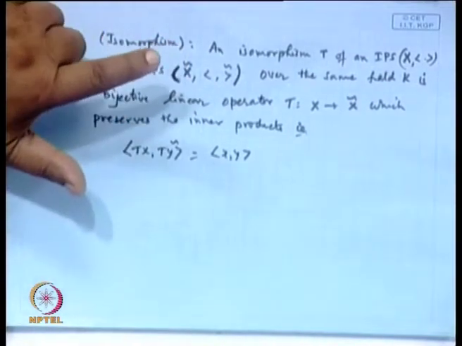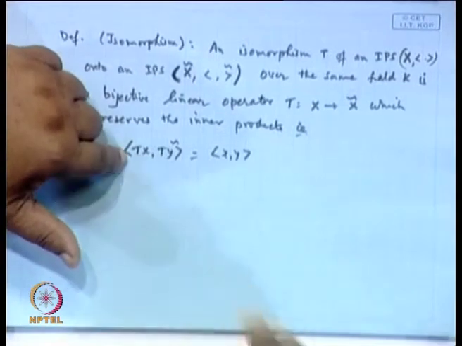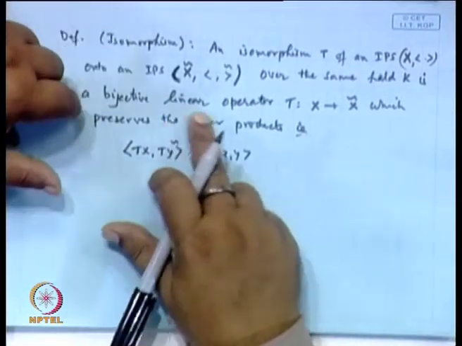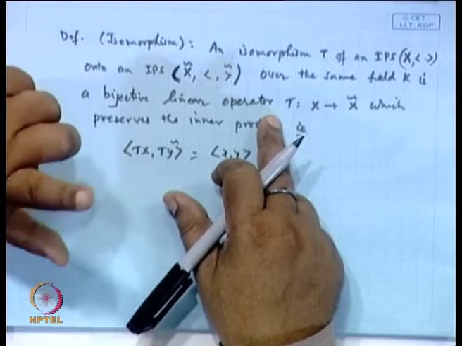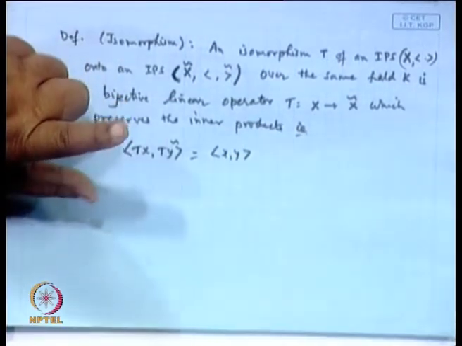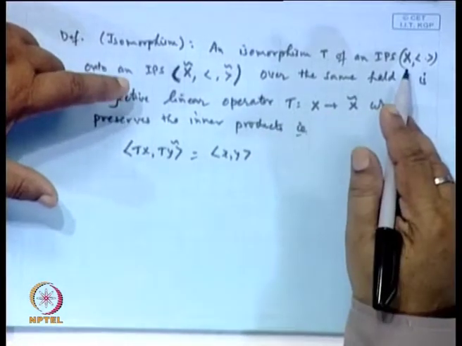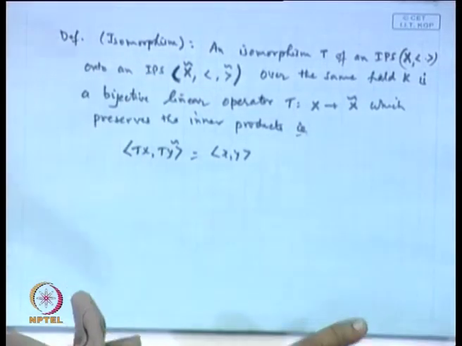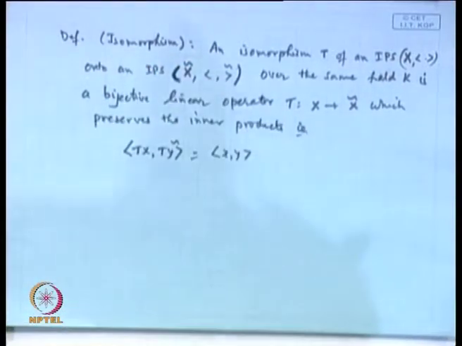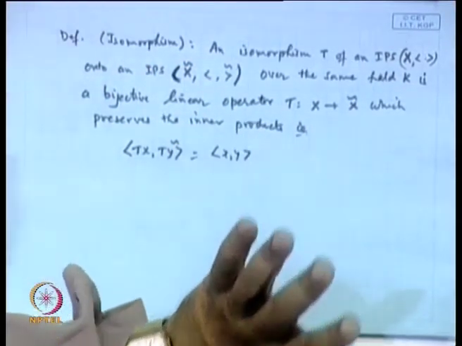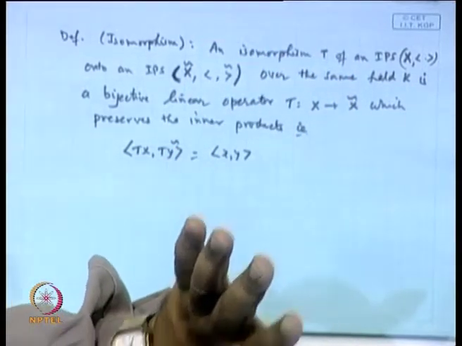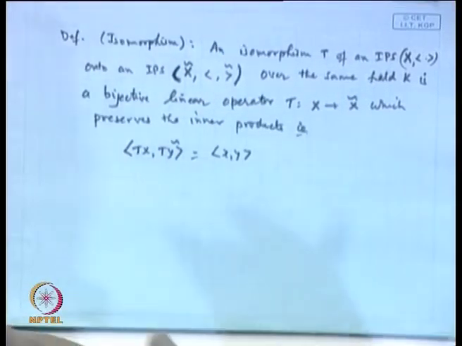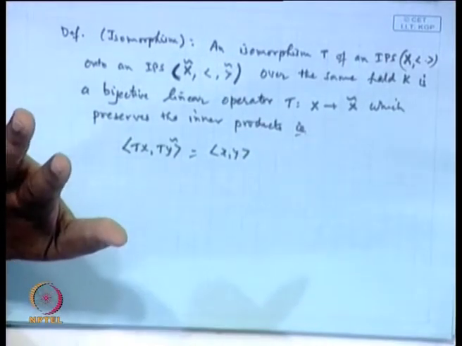Because T is a bijective linear operator, it means that addition and scalar multiplication defined on capital X are also preserved under T. So, basically the T, which is an isomorphism from one inner product space to another, preserves all the algebraic structures and operations defined on X, whether it is vector addition, scalar multiplication or the inner product introduced on it. Is it clear?